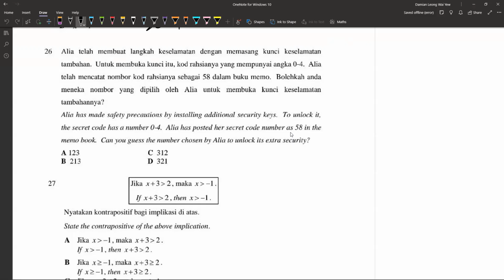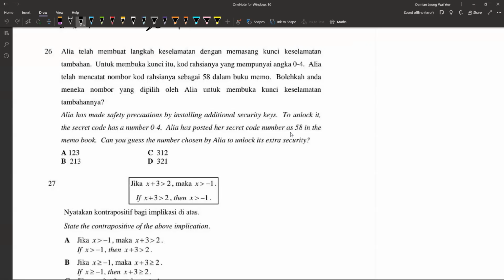The secret code has numbers 0 to 4. Okay, so it's within 0 to 4.